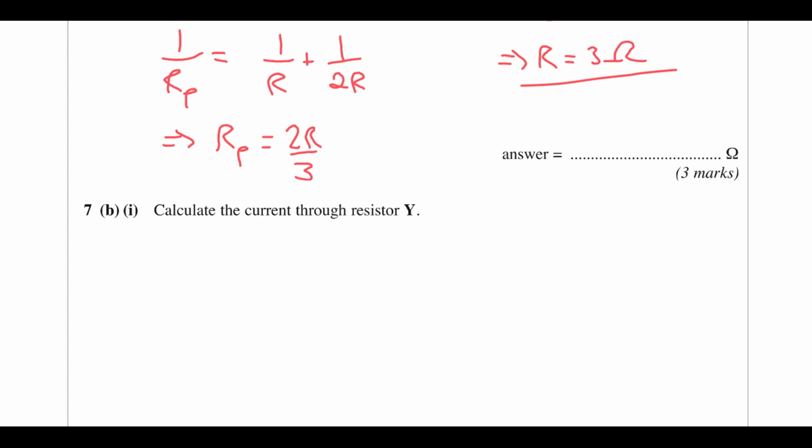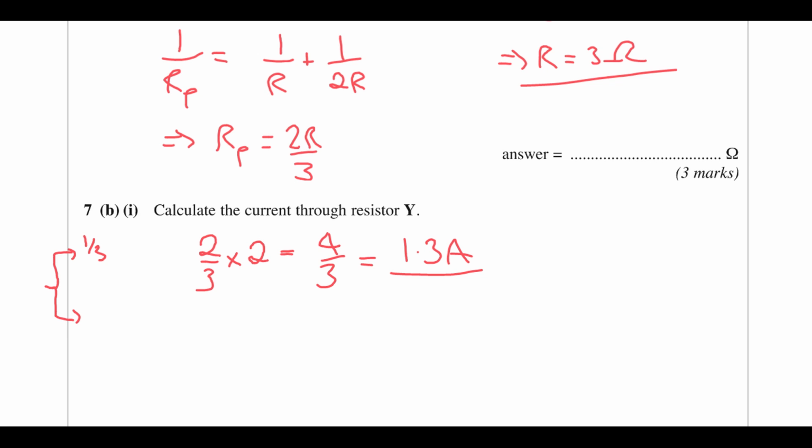So it's essentially going to be 2/3 times by 2, which is 4 over 3, which is 1.3 amps there. So if you think about it, you've got double the resistance one way, so it's going to have 1/3, and then you've got half the resistance the other way, so you're going to get 2/3 of the current. That's how I work that out. We're going to 1.3.